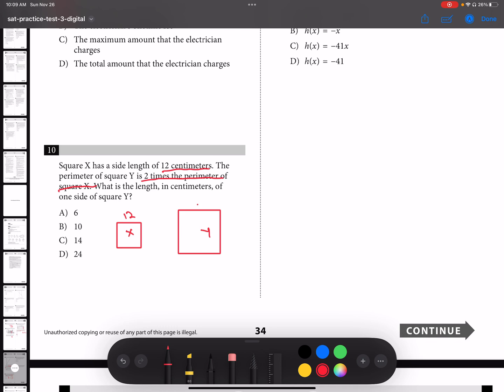We don't know the side length of this, but we do know that it's 2 times the perimeter of X. So 2x is equal to y, the perimeter of y. So the perimeter of x would be 12 times 4, which is equal to 48. And so this would be 96 equal to y, but we're trying to find out what is the length in centimeters of one side. So if 96 is the perimeter, we do 96 divided by 4. That would give us 24. So the answer would be D.